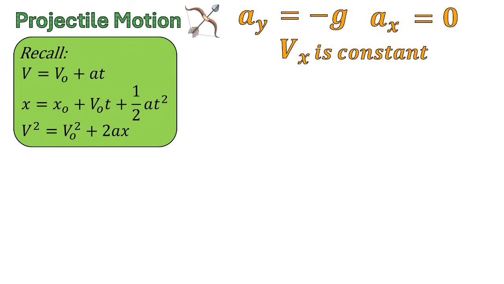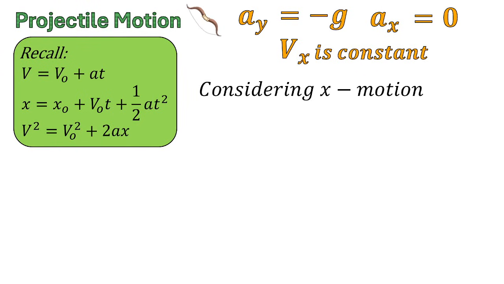Let's move on to the derivation of our formula. Recall these are our kinematics formulas. I just included x naught here for clear derivation. So let's input our conditions. Ay is equal to negative g, ax is equal to 0, and Vx is constant. Considering x motion, let's first use this one.